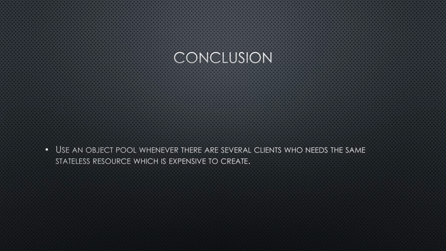Underneath the hood, we just need to make sure that if more connection objects are allowed to be created, then the connection pool will manage that so that it can create more connection objects if that's allowed.